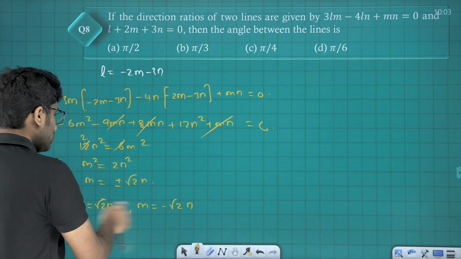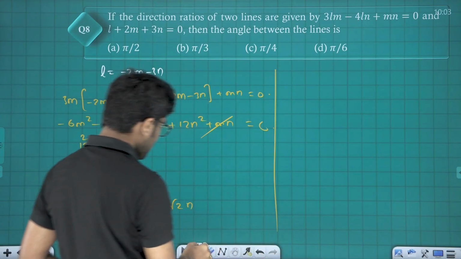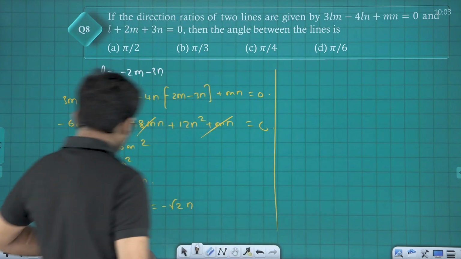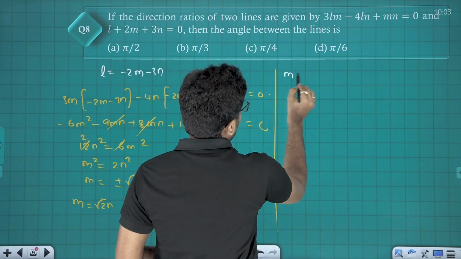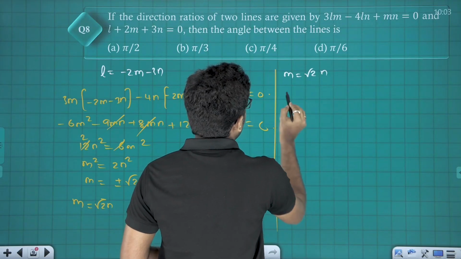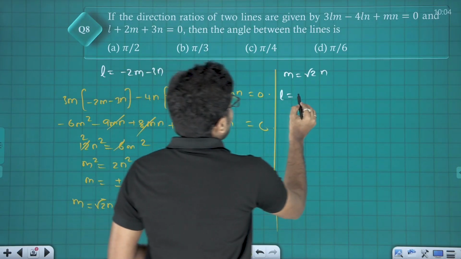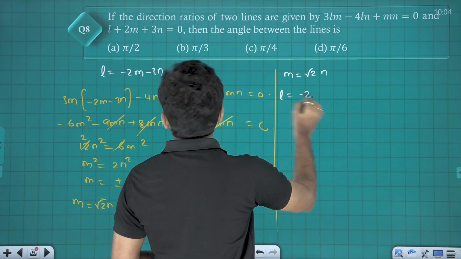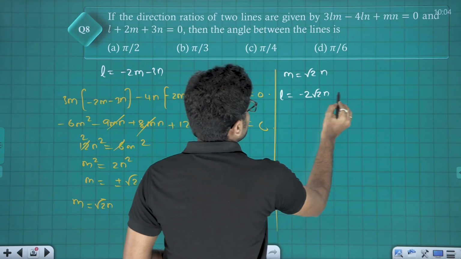Now we have to substitute this value in l and get the l value. Okay, let's see this, friends. Suppose if m is equals to root 2 into n, then in that case l will be minus 2 times m, that is root 2n, minus 3n.